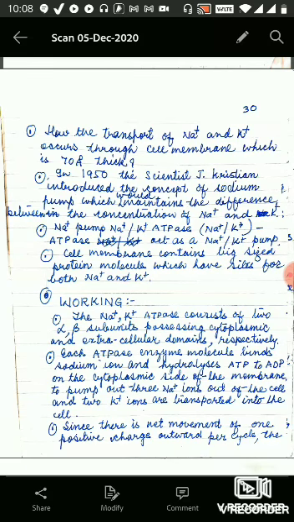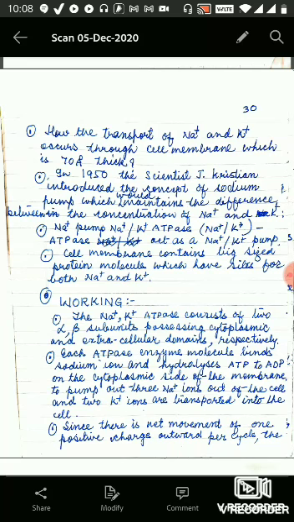How does the transport of sodium and potassium occur through the cell membrane, which is 70 angstrom thick? In 1950, the scientist J. Christian introduced the concept of the sodium pump, which would maintain the difference between the concentrations of sodium and potassium.